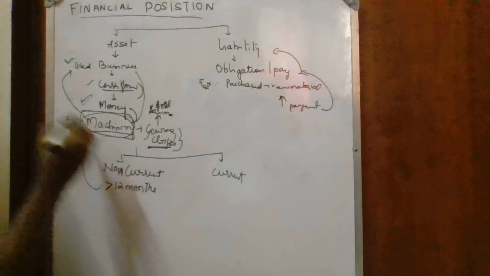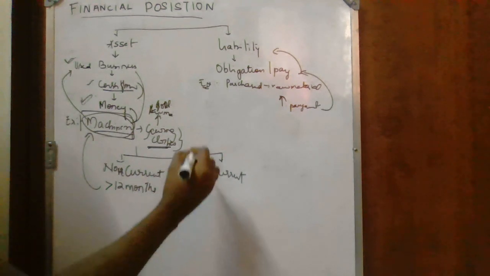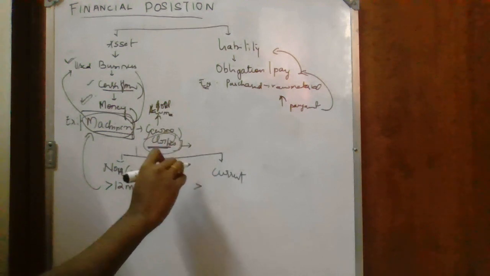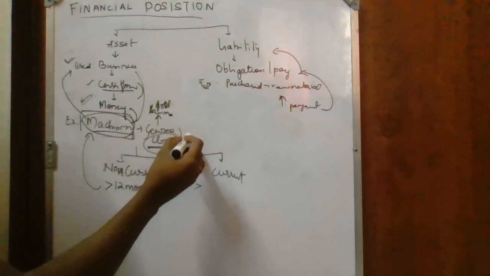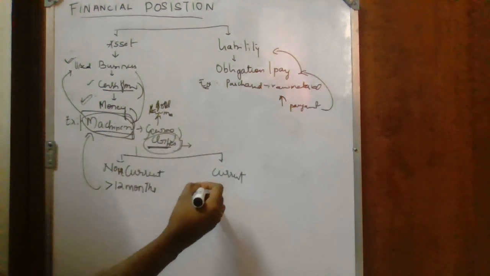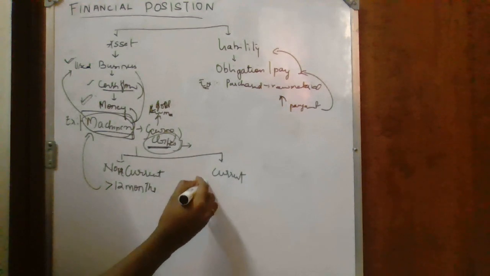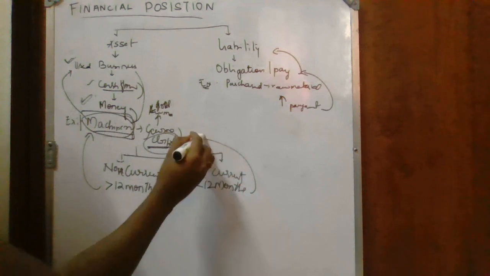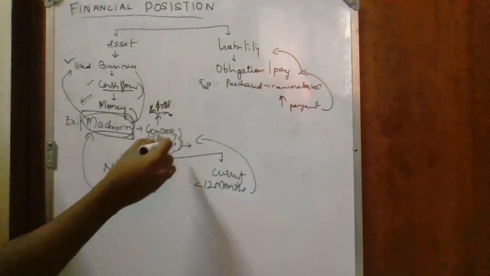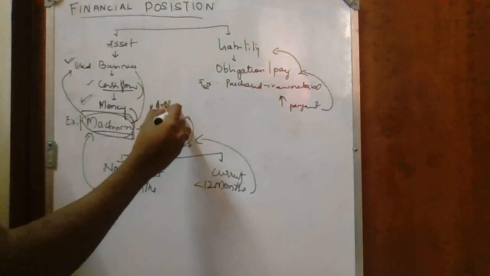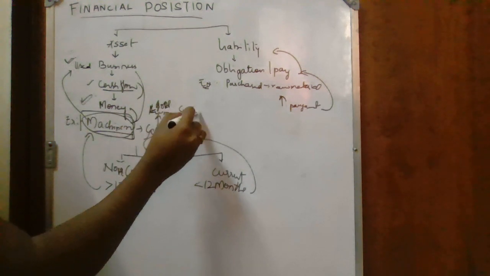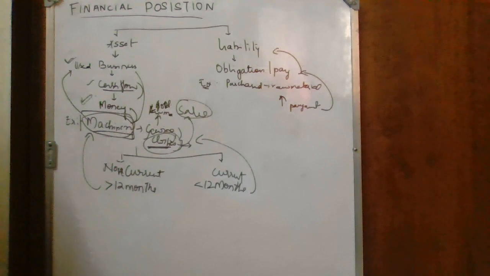Example, this machinery. With the same example, the clothes, you keep sewing, stitching and selling, which takes less than 12 months. So these clothes will be considered as current assets. When you make a sale and generate cash, it will be considered as sales.